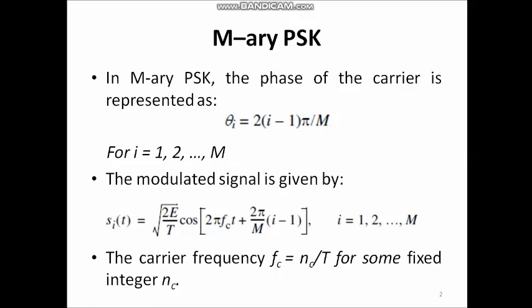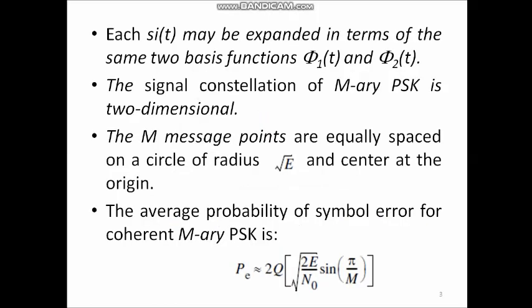It requires only two basis functions. Okay, each modulated signal s_i(t) may be expanded in terms of the same two basis functions phi_1(t) and phi_2(t). So, from the modulated signal equation, we have defined the basis functions. Using those two basis functions, we can express all the modulated signals as a linear combination of basis functions.